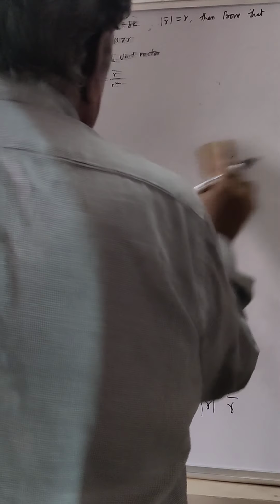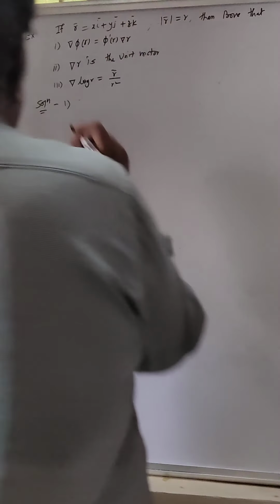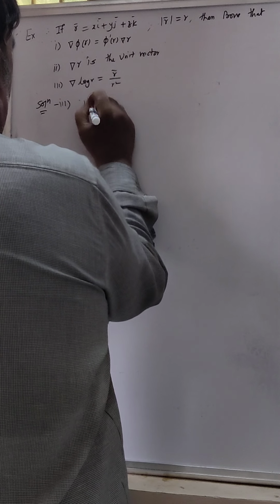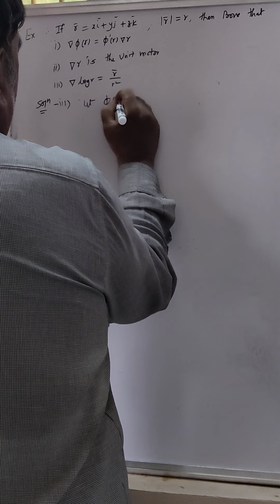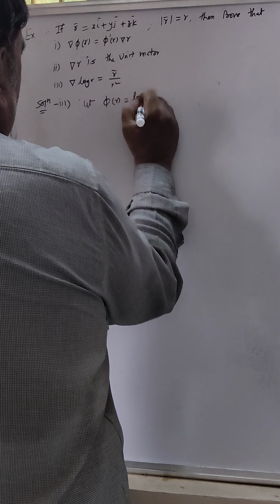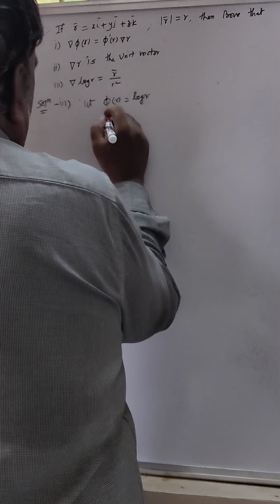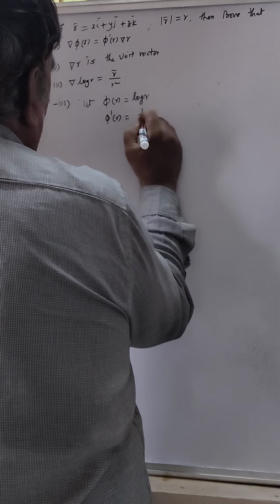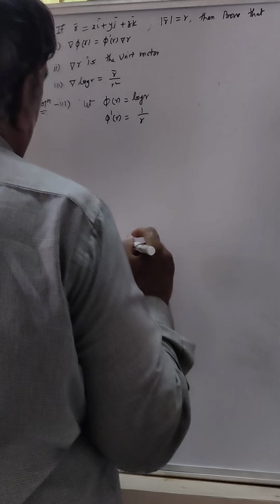Next one, we let phi of r is equal to log r. Therefore, phi dash r is equal to 1 upon r.